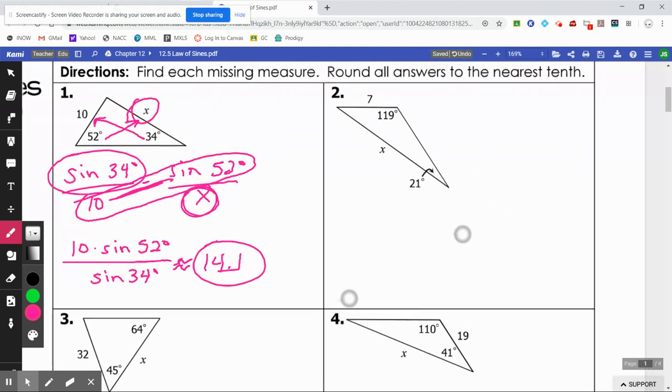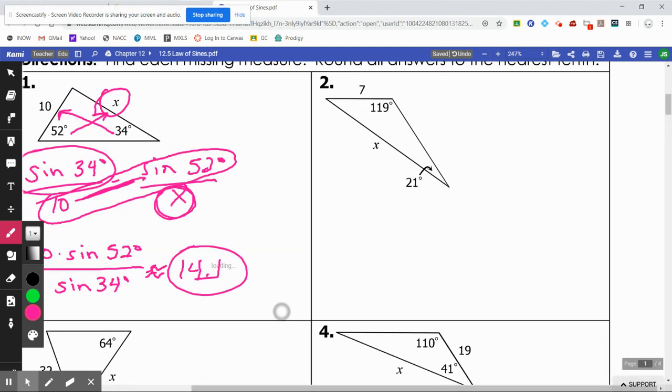Next problem, let me zoom in just a little bit here. There we go. So again, the sine of an angle over the side across from it. So my angle of 21 degrees has the side across from it of 7, and that will equal the sine of 119 over the side across from it.